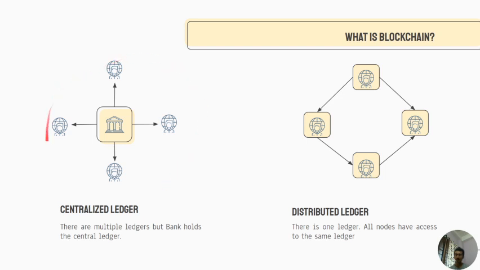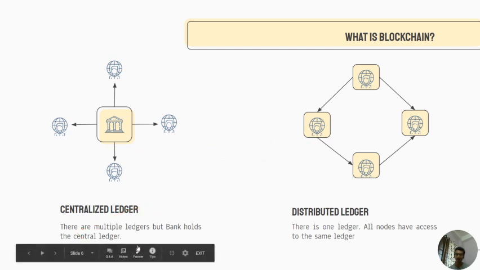The same scenario which you saw as a centralized server or a centralized ledger is now shifted to the distributed one. So these are all nodes, which are the branches you can see here. These branches are the same branches which I talked about at the beginning about this bank.